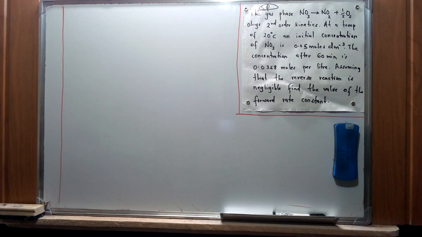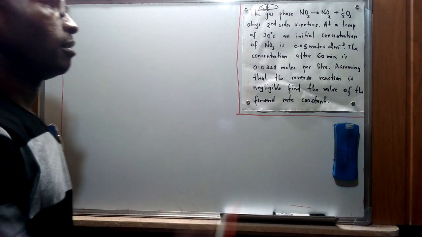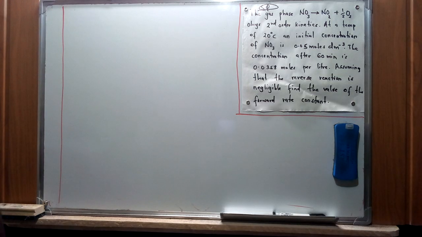In this case, we're going to look at a second order reaction, using the equation that I've posted on the board, and I'm going to read it. The gas phase nitrogen trioxide forms those products and obeys second order kinetics. At a temperature of 20 degrees centigrade, the initial concentration of nitrogen trioxide is 0.05 moles per decimeter cubed.